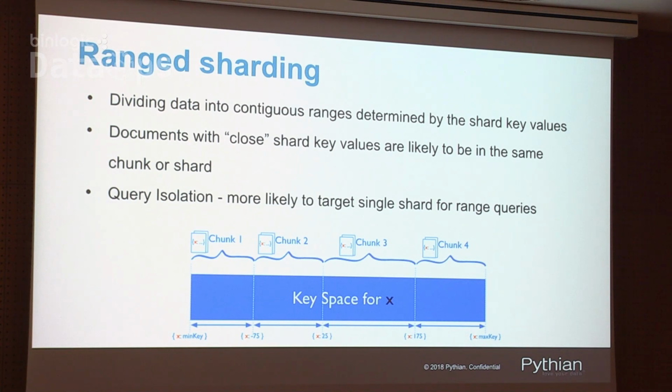By using this kind of sharding, you have query isolation, which means when your application queries and wants to find values between 25 and 30, it's more likely that the query will go to this shard, to this chunk, and you will end up querying only a single shard.